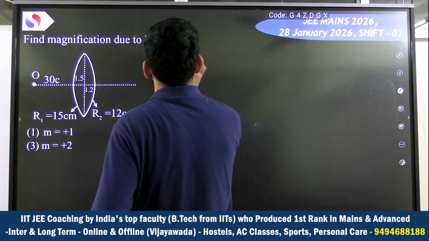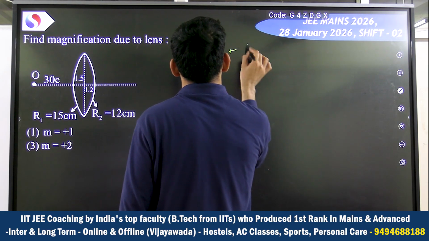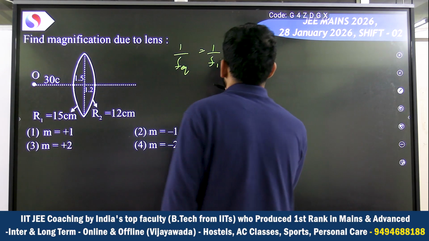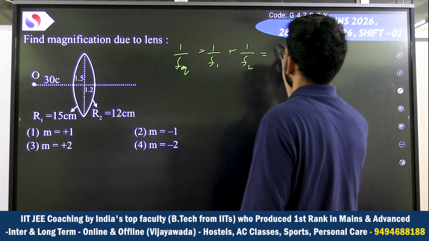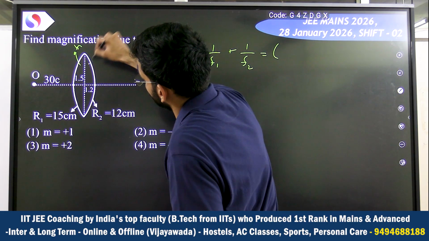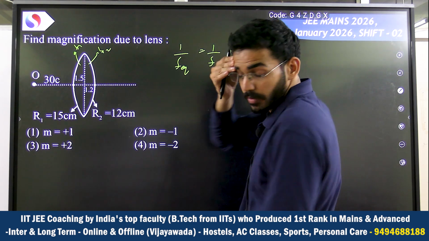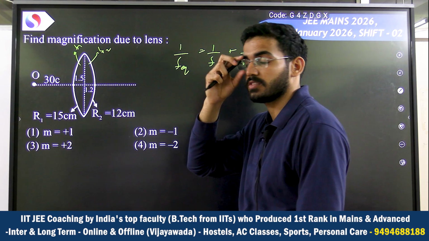So you will say 1 by f equivalent is nothing but 1 by f1 plus 1 by f2. For that you can go for mu minus 1 for f1. This one is focal length f1, let's say, and this one is f2, right? f1 how much you will say? 1 by f1 is mu minus 1 into 1 by r1 minus 1 by r2, right?